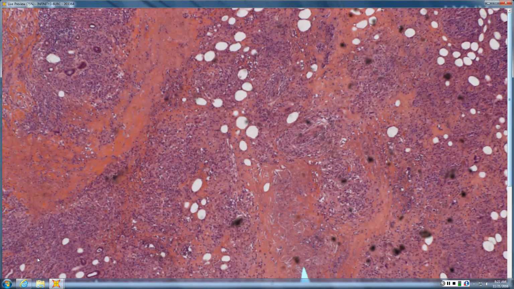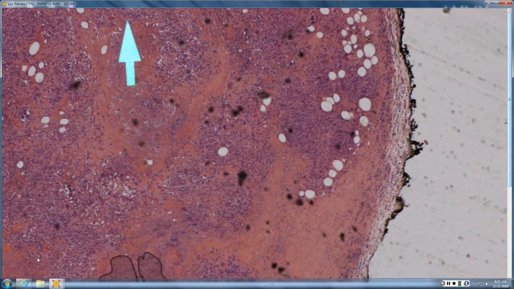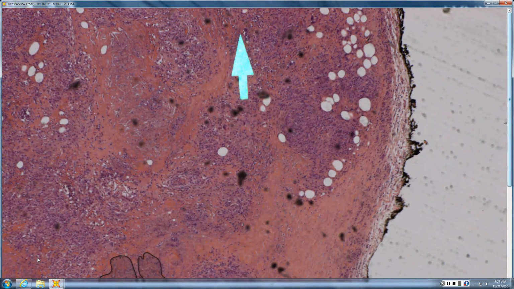So cholesterol clefts, and then you have intersecting bands of pink necrotic collagen, and they are intersecting kind of at right angles. So if you saw this one coming across that way, and that one coming across this way, what letter would that make?